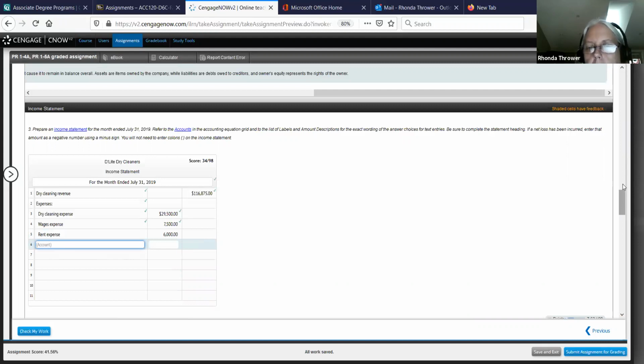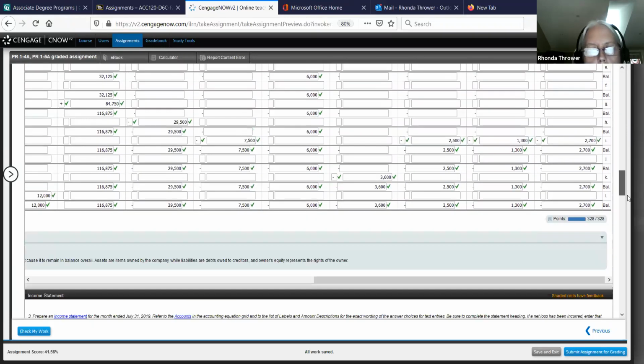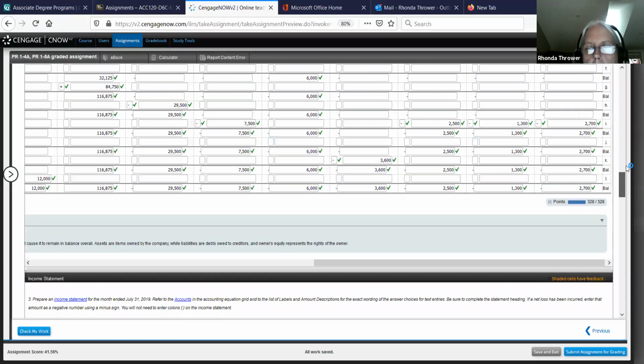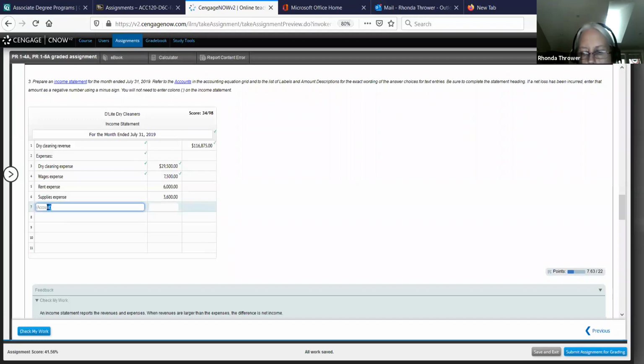The next expense is supplies expense, and it was $3,600. And my next expense is going to be truck expense for $2,500.